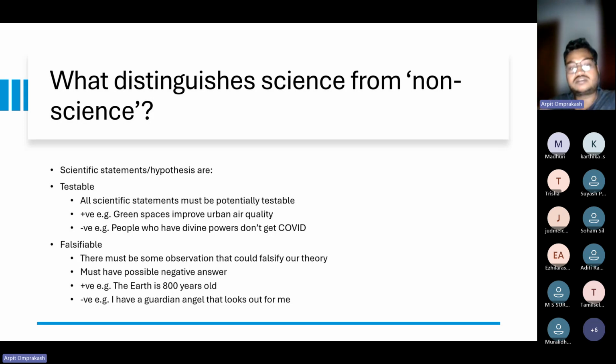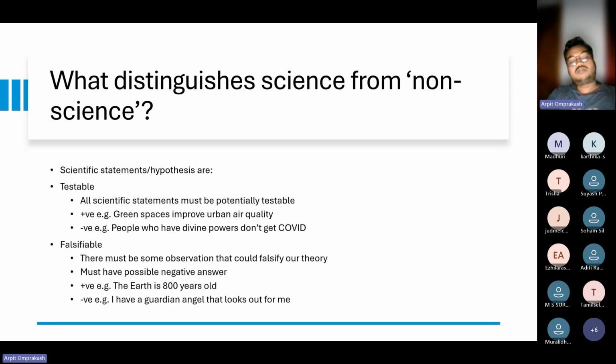How can we test this? We can go to urban areas which have green spaces and urban areas which don't, and measure the air quality, the particulate matter present in the air, and other features of the air that define air quality in those different areas, and see if it's different or not. So we have a test for this statement, right?